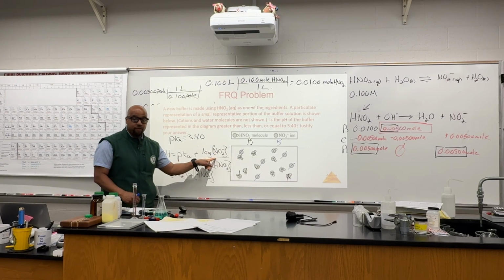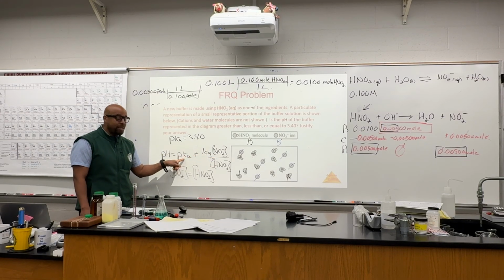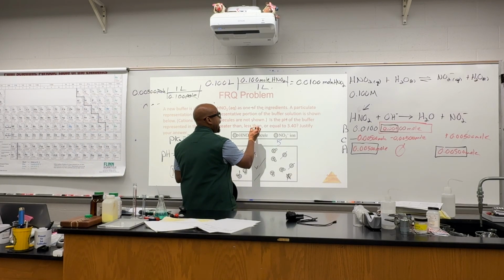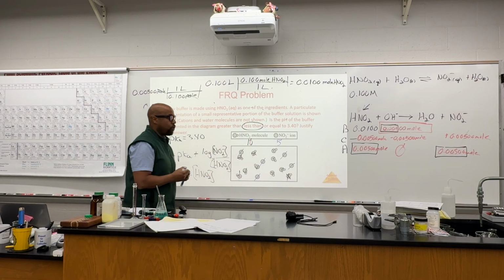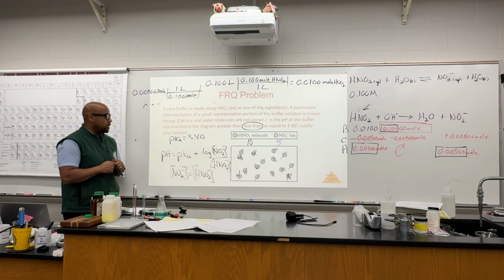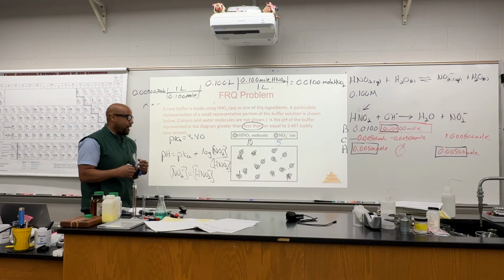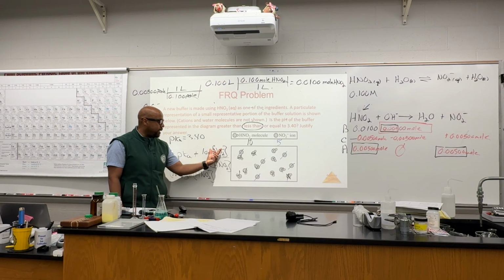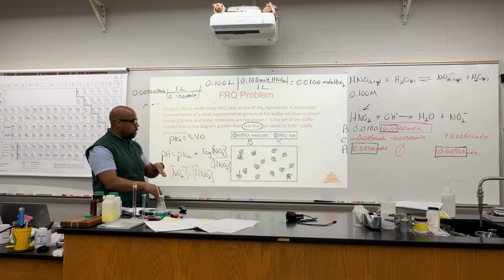That means I got 0.5 sitting here. Log is positive or negative? Negative. Which means that if it's negative, I'm subtracting from the pKa, which means the pH has to be less than 3.4. Now, if you want to, you can express it that way. For me, I like to just say, we got more of the weak acid than the conjugate base. And of course, if I have more of the weak acid, it's going to end up being more acidic in this case.